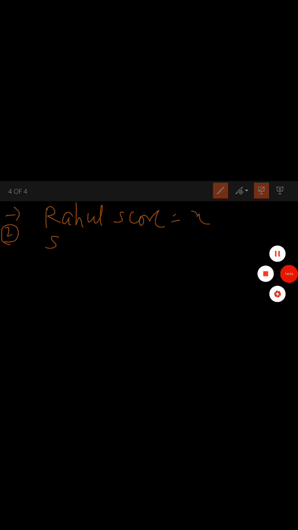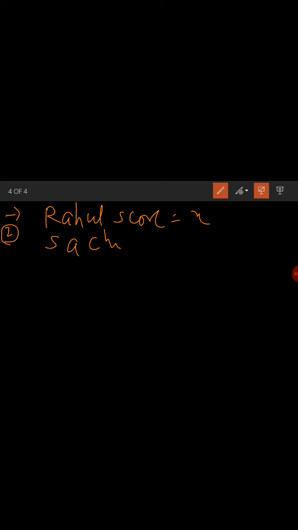Okay, this is the answer for the second question. Rahul's score is x. Sachin's score equals twice Rahul's score, so it will be 2x.